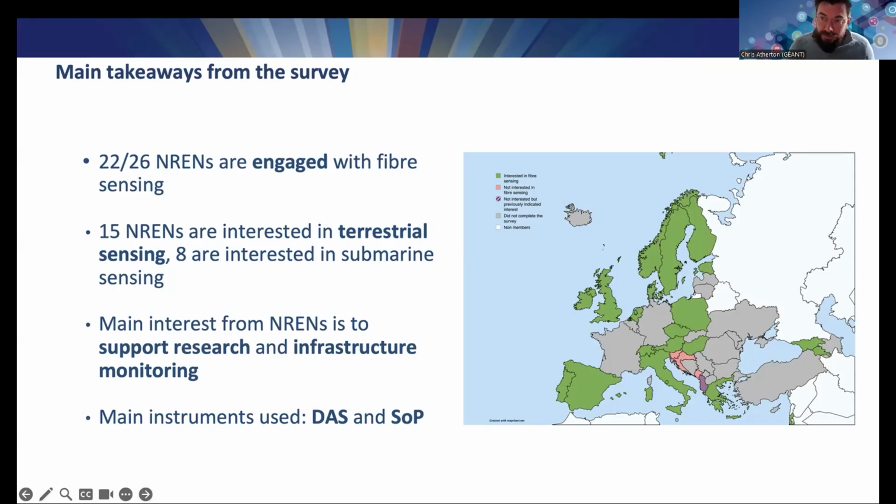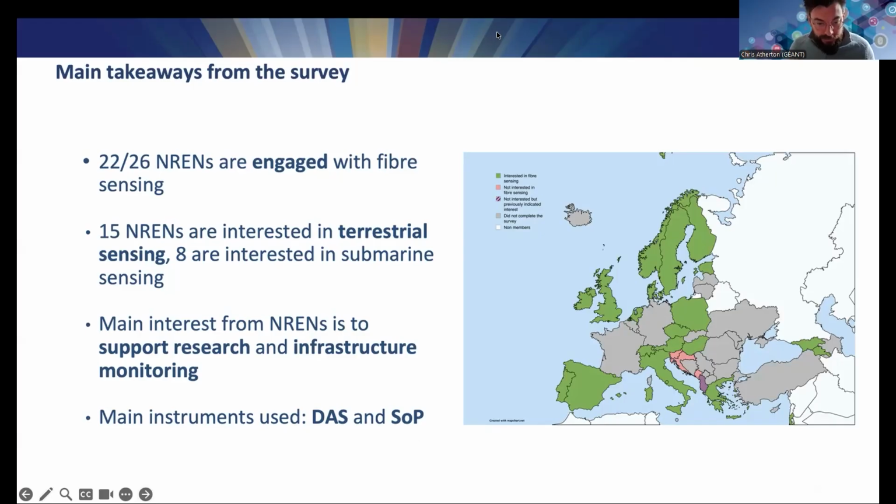In terms of the technologies that we're looking at, of the forward and through transmission-based technologies that I spoke of before, DAS, or distributed acoustic sensing, and SOP, state of polarization, seem to be the most popular of the technologies that are being investigated.